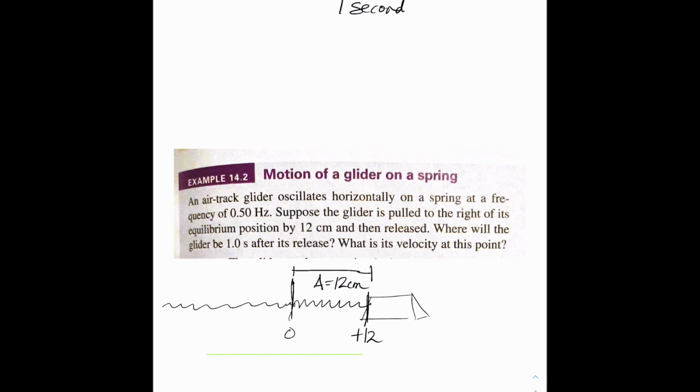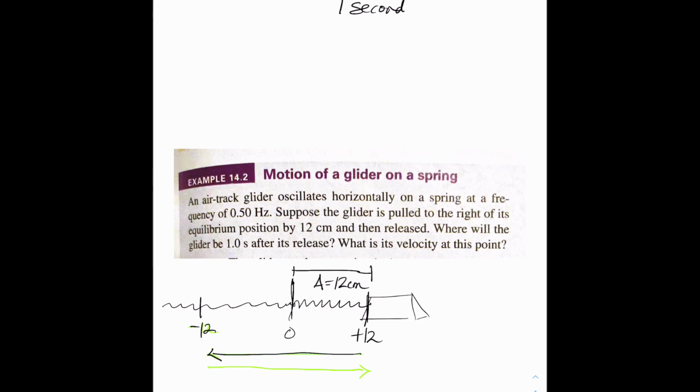If it's starting with an amplitude of positive 12 centimeters, it's going to go all the way to negative 12, right? And then all the way back. And that's what a cycle is. So let me get that in black. So if it goes 0.5 cycles in 1 second, then it just travels there.